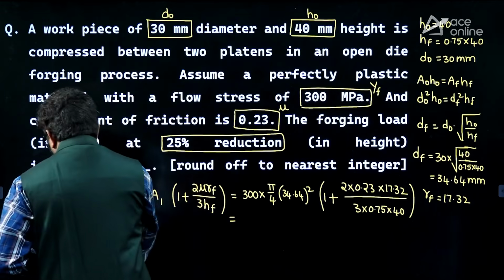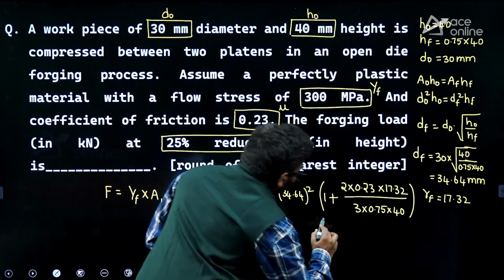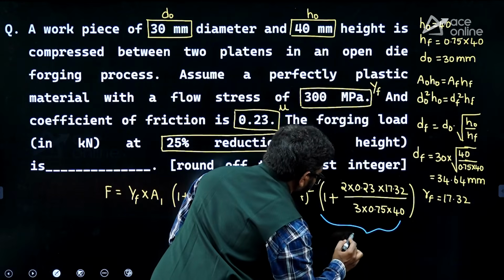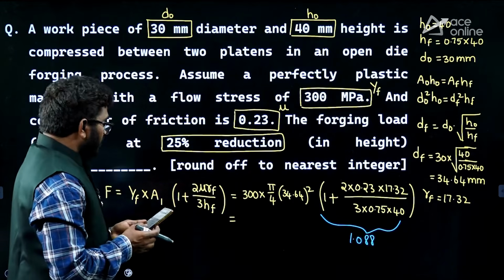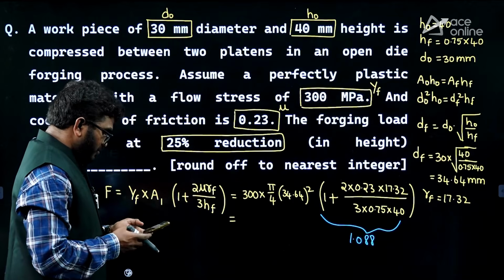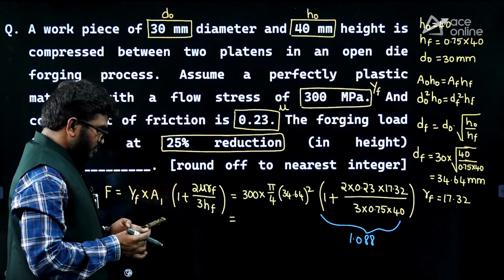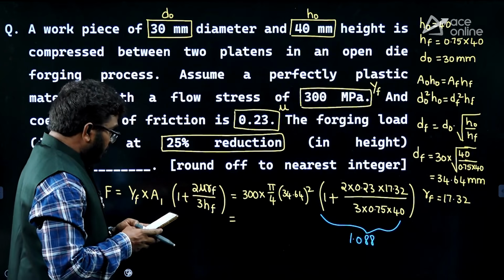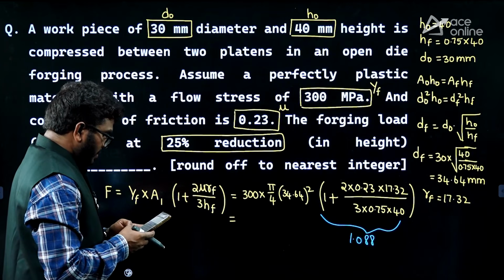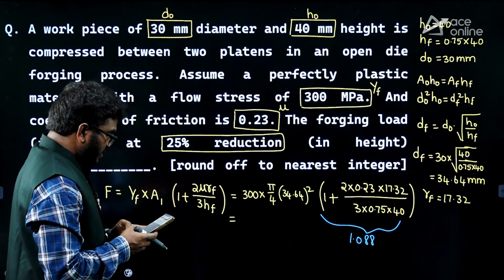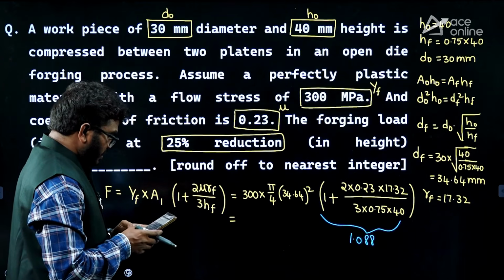So like that in the calculator, you can take 1.088. Now pi by 4 into 34.64 whole square into 300 into 1.088.